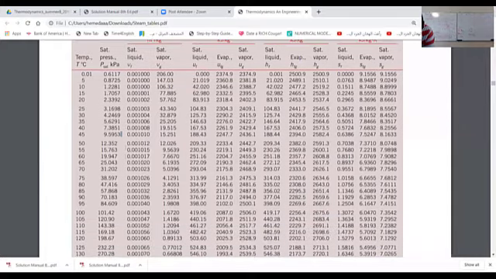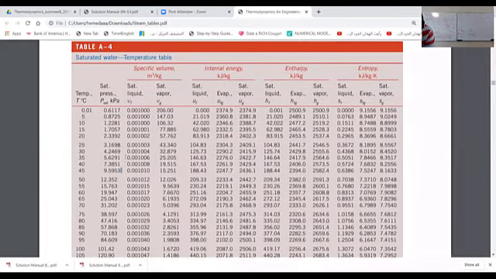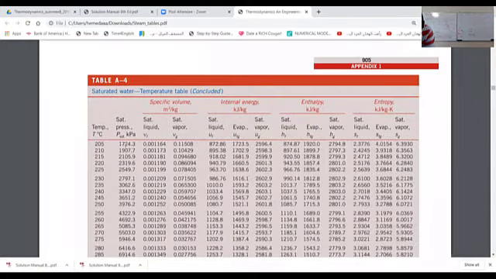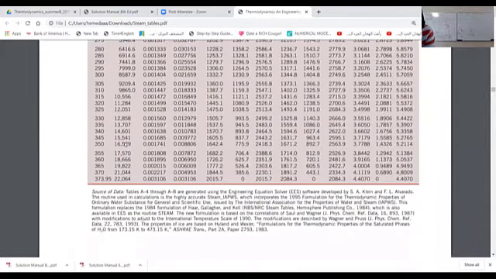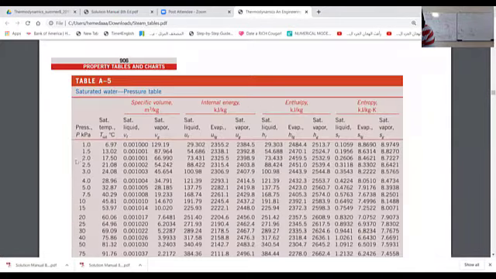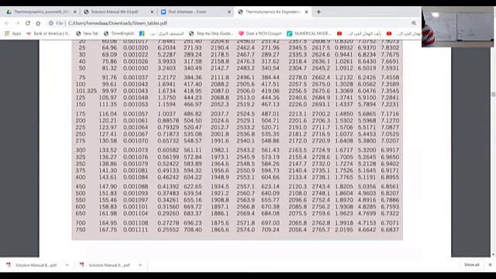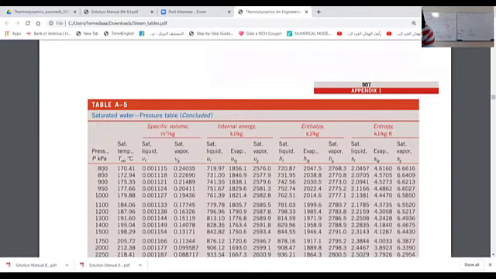So here, this is table A4, as you can see, or A5. Let's go to A5, easier. So A5 here, this goes from 1 kilopascal to 1000. 1000 is down here. This is 1000 kilopascal. The V, the last V, is here, 0.1943.